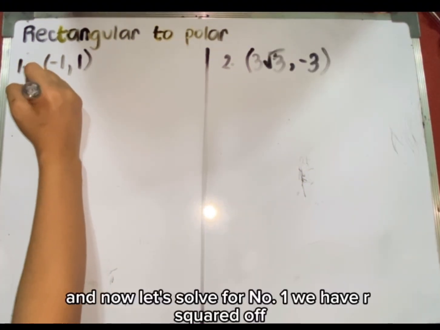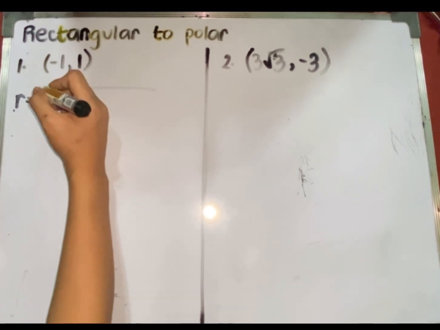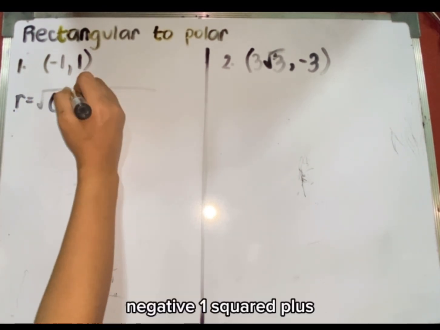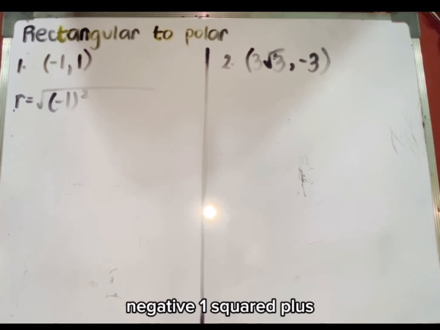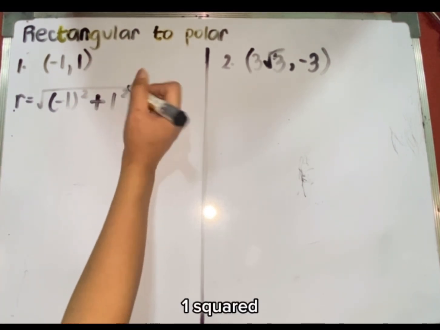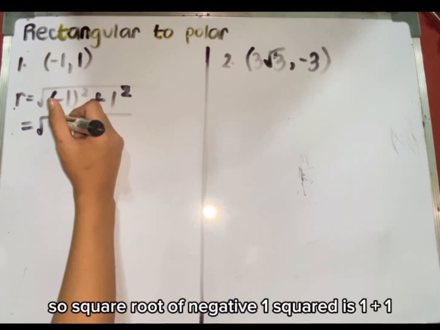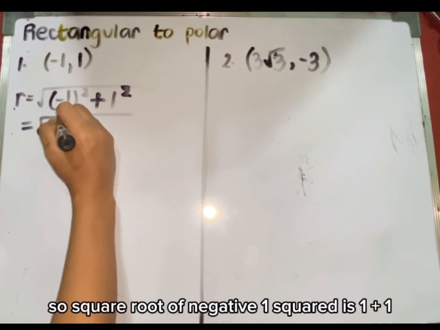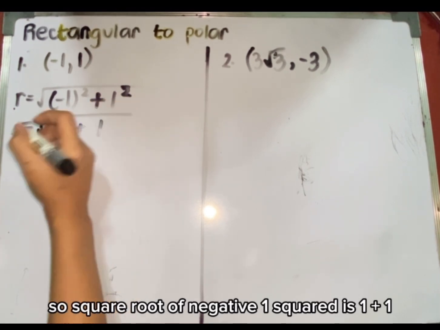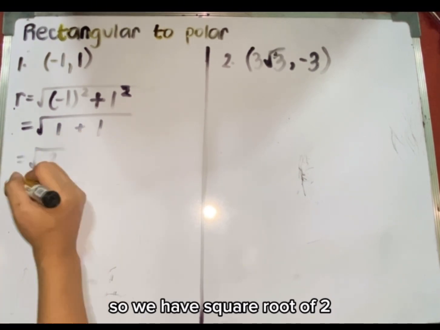And now let's solve for number 1. We have r equals square root of negative 1 squared plus 1 squared. So the square root of negative 1 squared is 1, plus 1. So we have square root of 2.